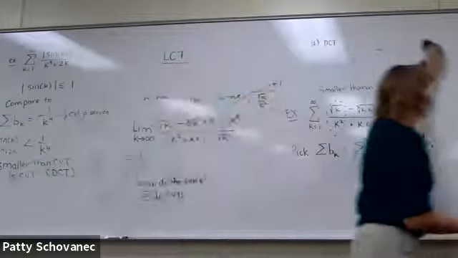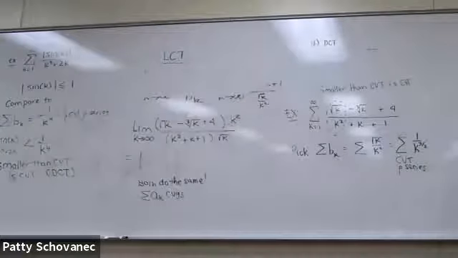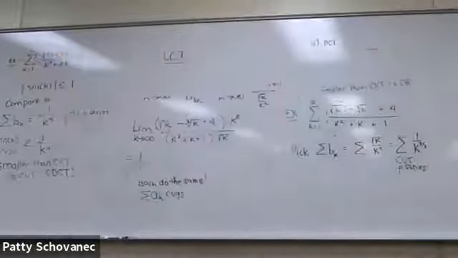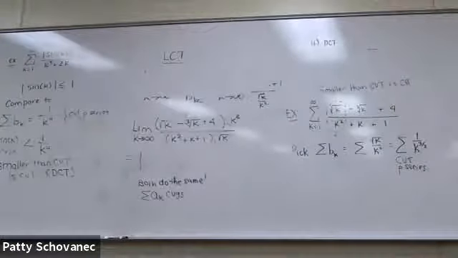So with practice, you'll see how to compare a little bit better. In your web work, there's one problem that has a set of choices to compare to in all the problems: a 1 over k, a 1 over k squared, a 1 over k to the 3/2, and things like that. So you pick the best one and it kind of guides you through the problem.